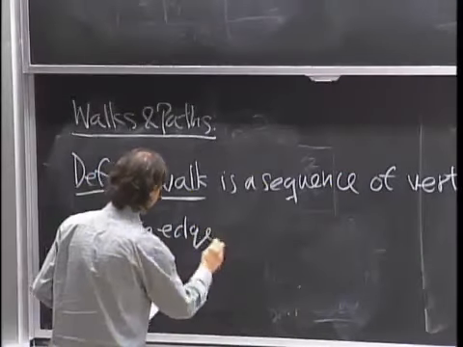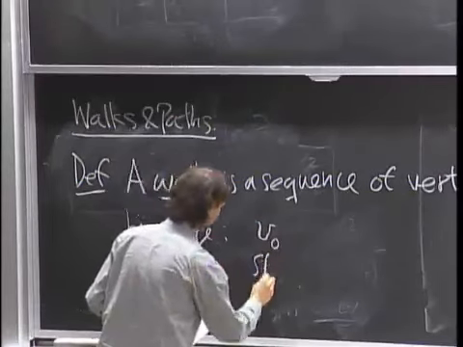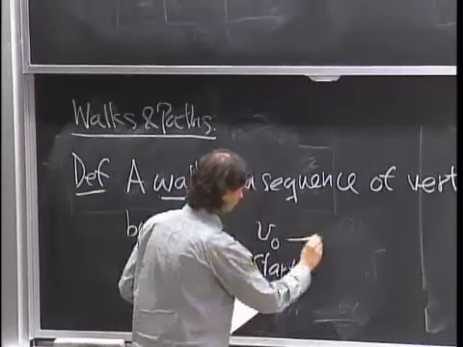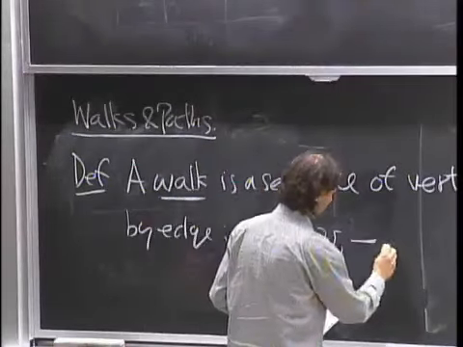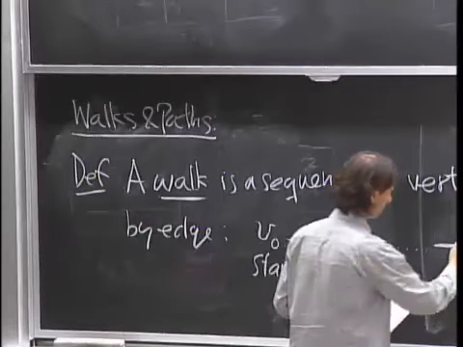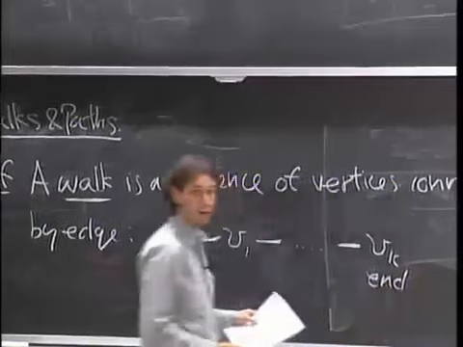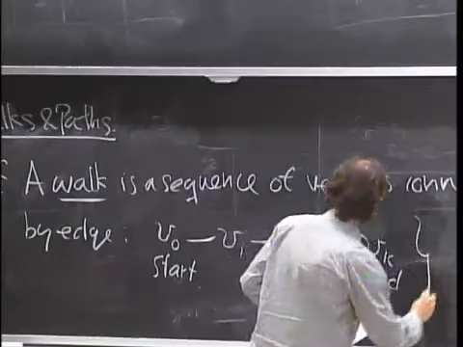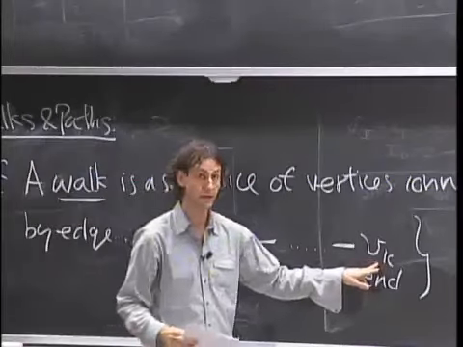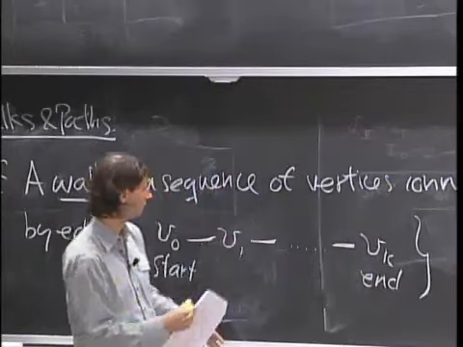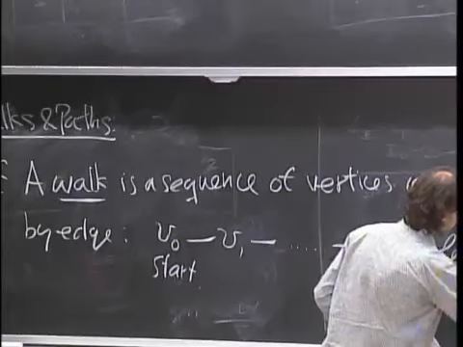So, for example, we may have something that looks like a first vertex that we call the start, and an edge that goes to a second vertex. We continue like this till we end, say, at vk, which we call the end of the walk. And if you look at this, we say this is a walk from v0 all the way to vk. It has exactly k edges, and we say that the length is actually equal to k.